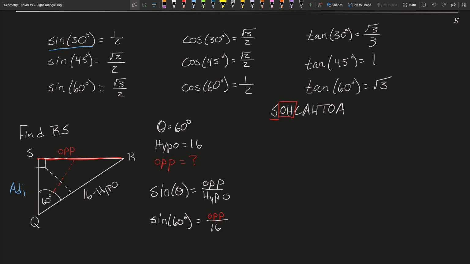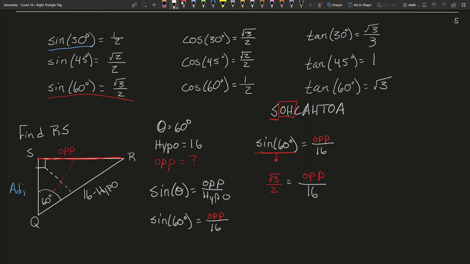So once we have all this, then we can substitute one more time. So given all these values up at the top of your screen, we know that sine of 60 is rad 3 over 2. So we can replace this sine of 60 with rad 3 over 2, and that is going to be equal to the opposite side over 16.